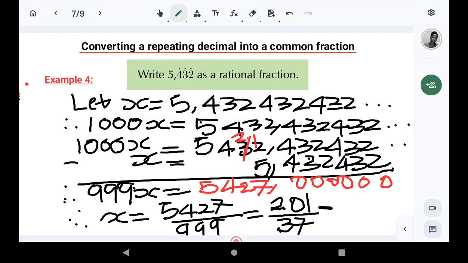And you go 5 times 37, that will give you 185. Now you subtract 185 from 201. That will give you 16. So that leaves a remainder of 16 over 37. And that's your answer there.